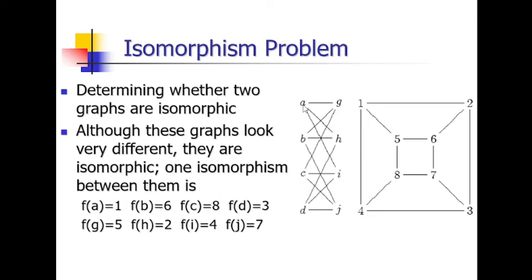Let's see. If I consider this point A and point 1, I am finding the edges. This is the vertex point A. A has degree 3, and the other one also has the same degree. So if I can relate every node with every other node without any dissimilarities, then that would be called isomorphic. This is the isomorphism problem.